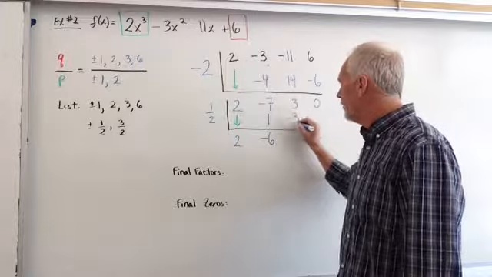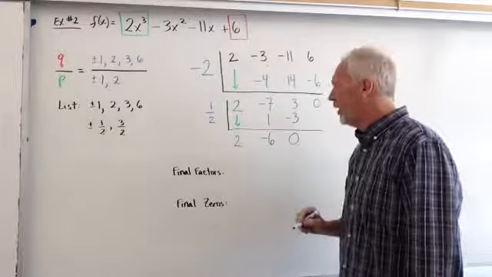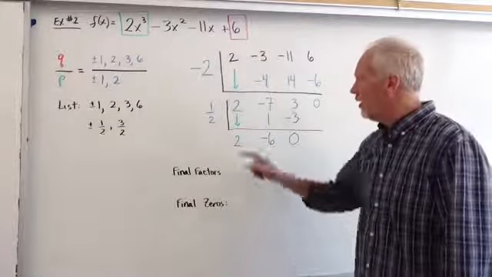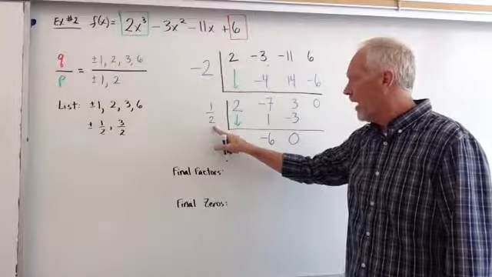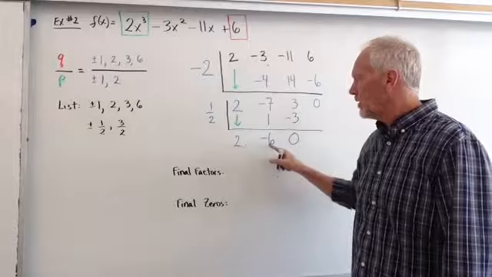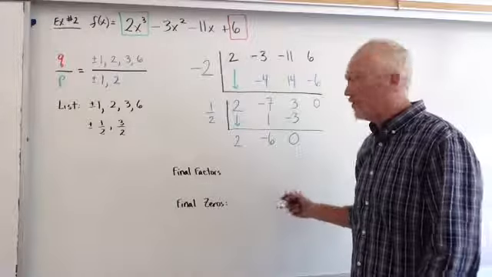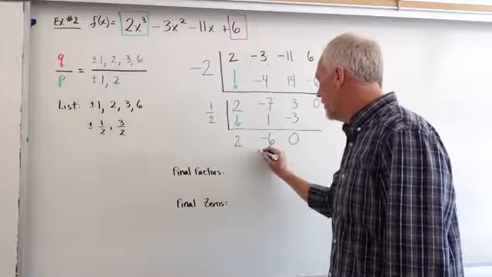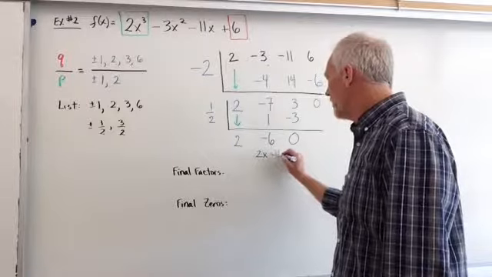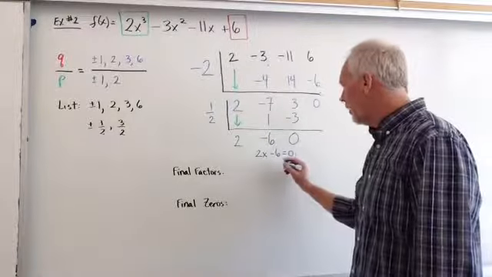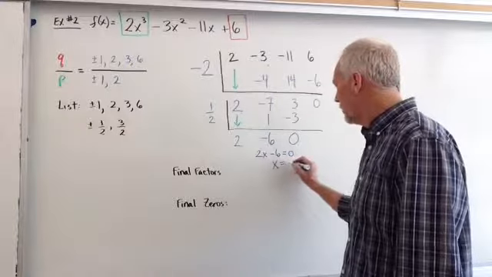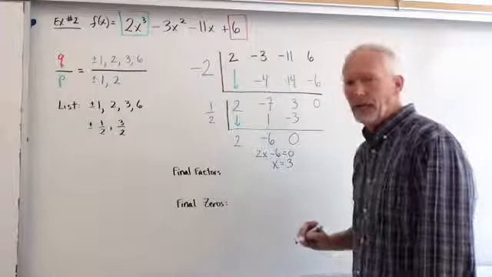Oh, look, I get -3 and I get a 0. So I know that now I've got -2, I've got a +1/2, and then I get 2x minus 6 equals 0. So I'll set 2x minus 6 equal to 0, and we notice that x is equal to +3.